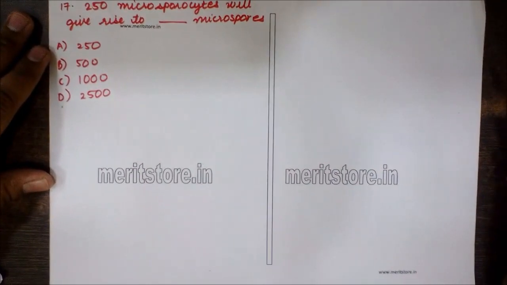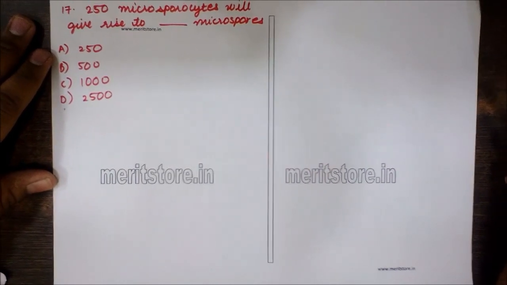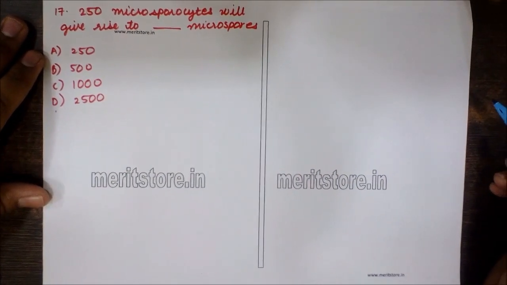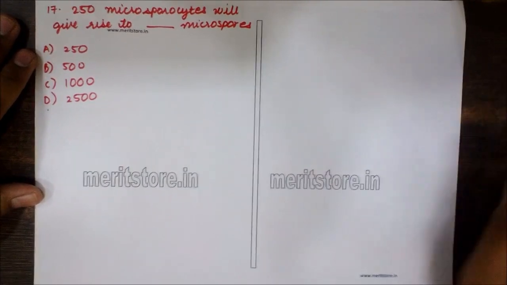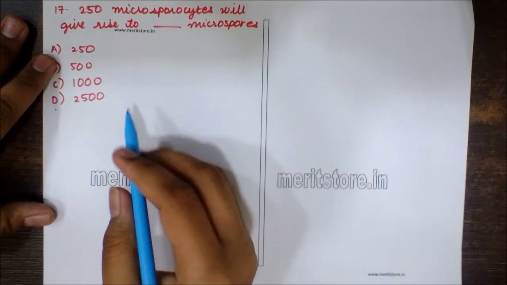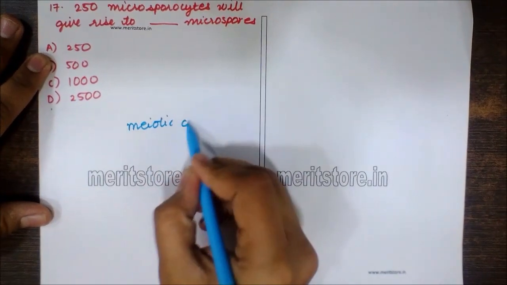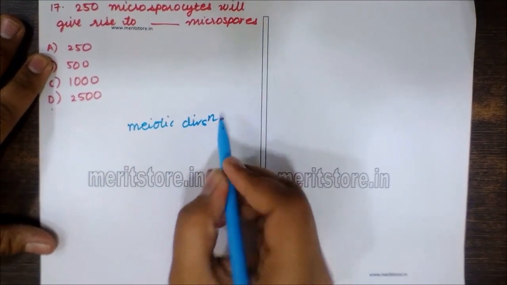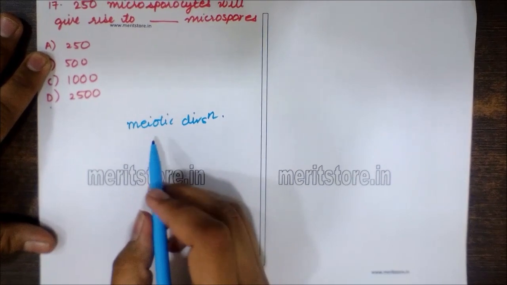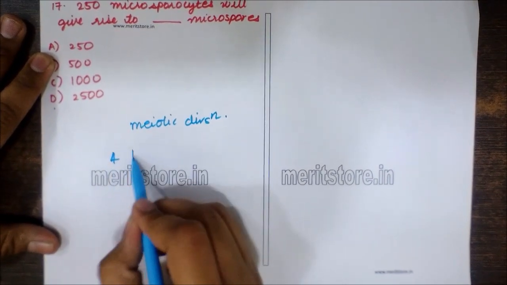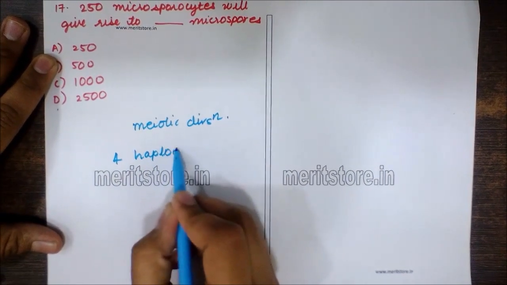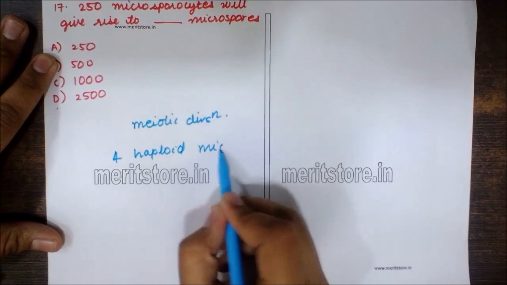Question number 17. 250 microsporocytes will give rise to dash microspores. Now to understand this question, we know that each microsporocyte undergoes meiotic division to form 4 haploid microspores.